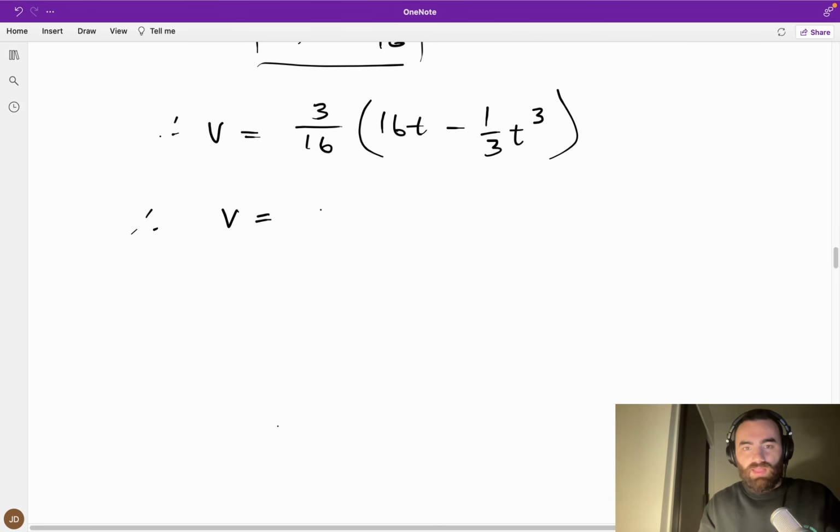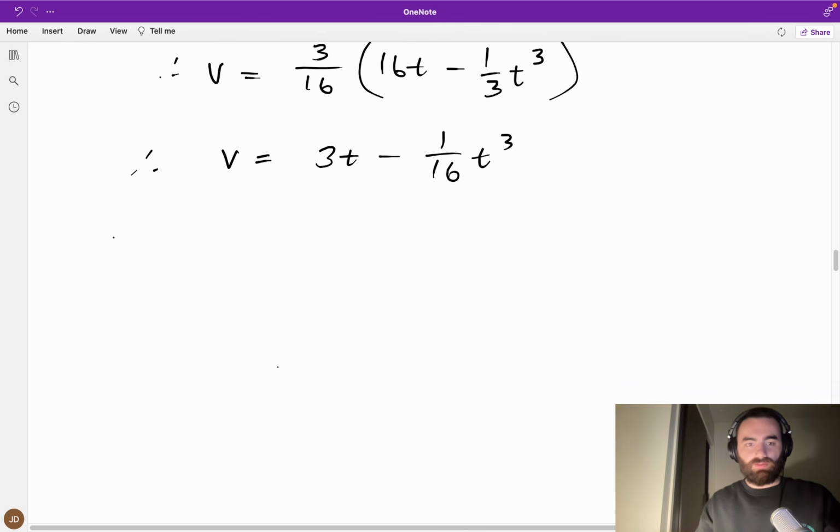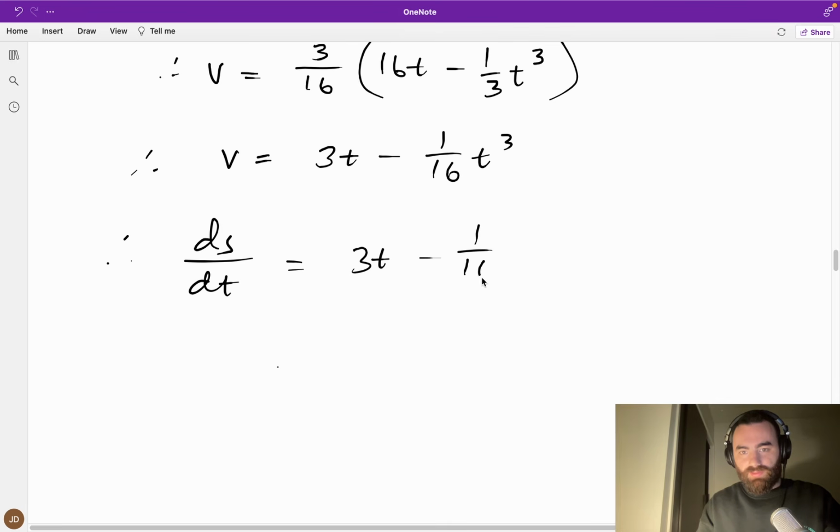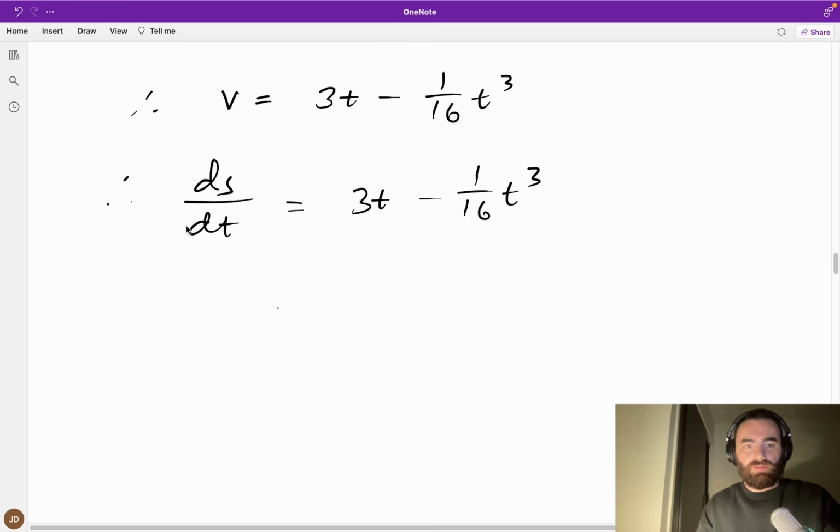16 and 16 will cancel to get 3t, and then these will cancel to get minus 1 over 16 t cubed. Right? So therefore, ds by dt equals 3t minus 1 over 16 t cubed.